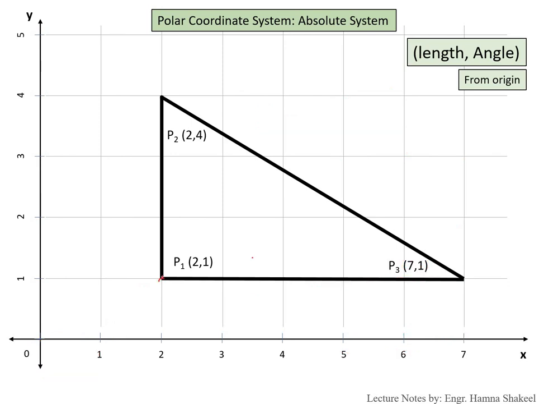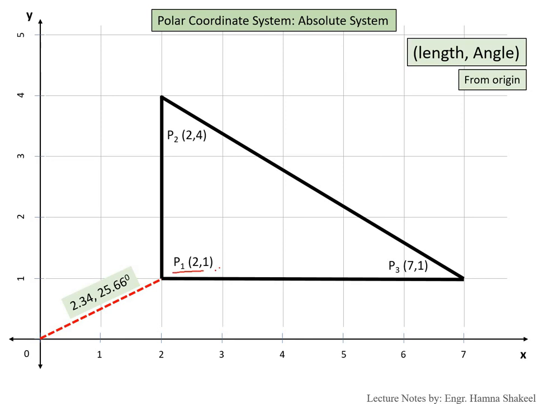And if you come back to point number P1 to enclose this triangle, the absolute polar coordinate of P1 will be the value that we already calculated: 2.34 units is the distance or the length, and the angle is 25.66 degrees in the anti-clockwise direction.